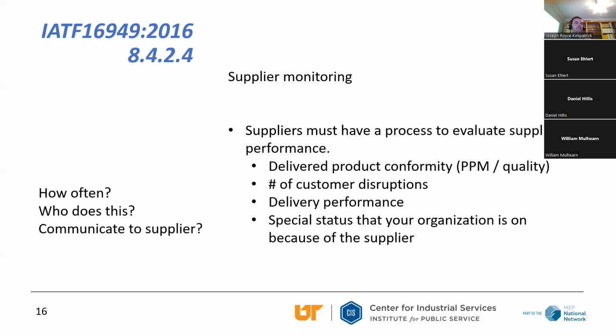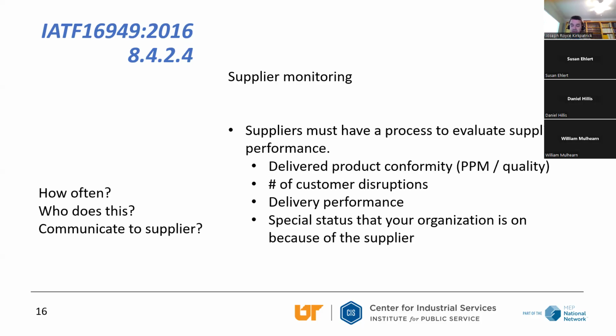Okay. Supplier monitoring. We've got to monitor our suppliers. We must have a process in place to evaluate supplier performance that shall include quality. Usually that's PPM. It could be a percentage. It could be other measurables, but we've got to measure their product conformity. Number of customer disruptions they have caused us.